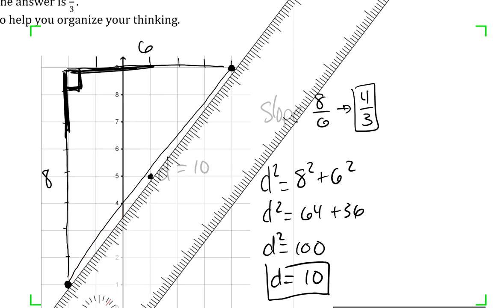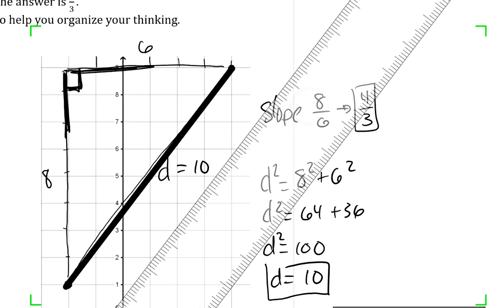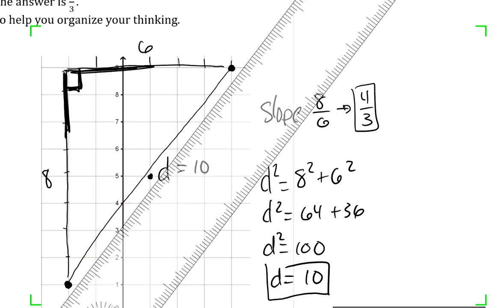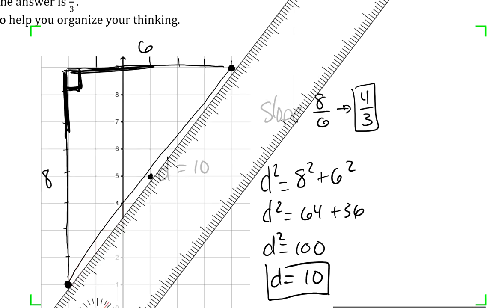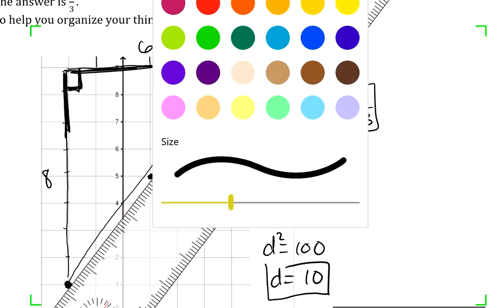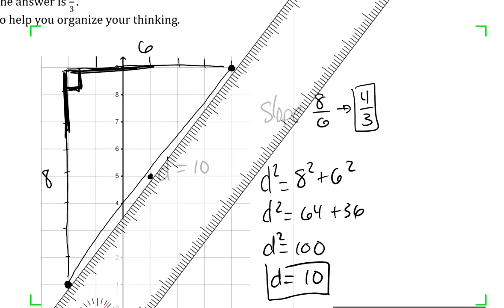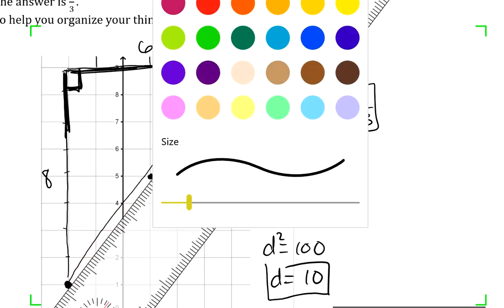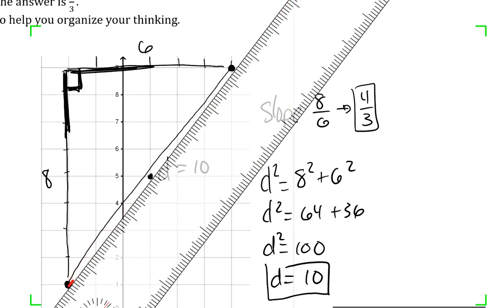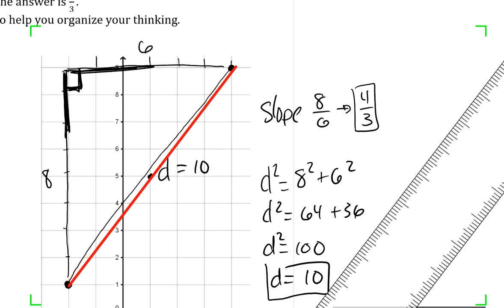Whoa, I did not want that kind of pen. Can I undo that? Yeah, I can undo it. Let me grab a pen, but let's not make it so thick. Let's make it a thinner pen. And I can pick a color. Let's go with this red. That's nice. Yeah, that's what I suspected. So if I was to draw a better straight line, I am landing at this spot right here.